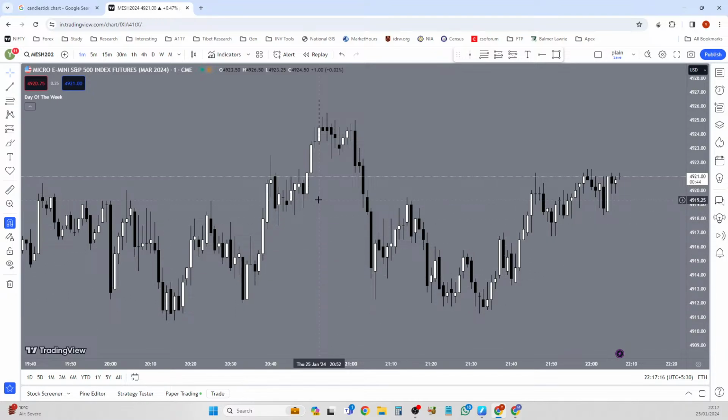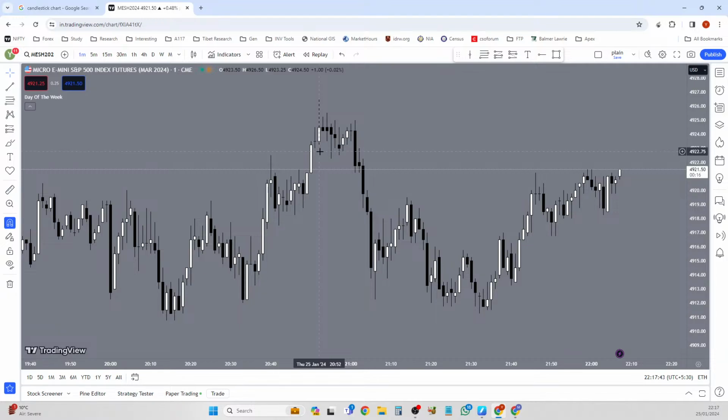The horizontal one is moving, but the vertical one is fixed on this one. That line basically is selecting this particular candle. And you can see on the top over here, OHLC. These are the values basically of that particular candle. So when I'm highlighting that candle, these are the prices of open, high, low, and close.